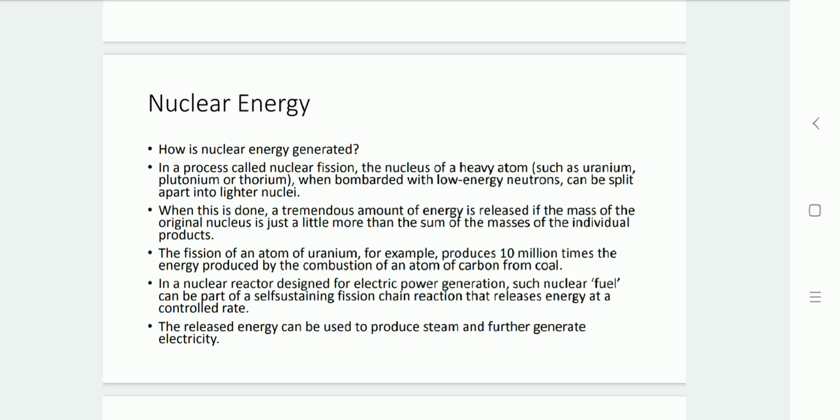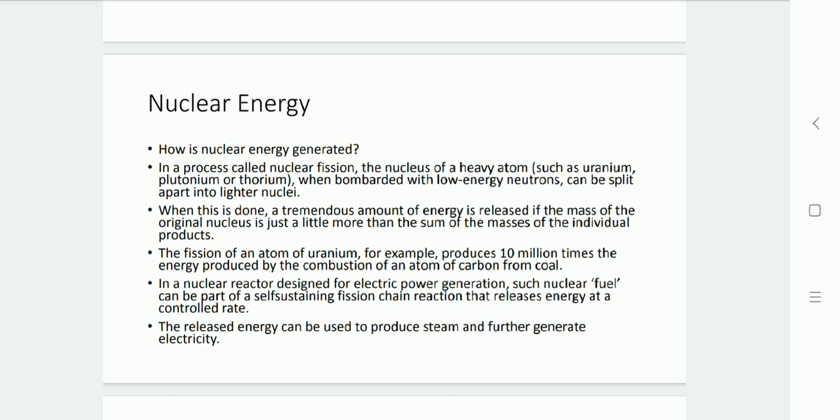The fission of an atom, for example uranium, produces 10 million times the energy of the combustion of an atom of carbon from coal. So 10 million times the energy can be generated from uranium compared to coal.